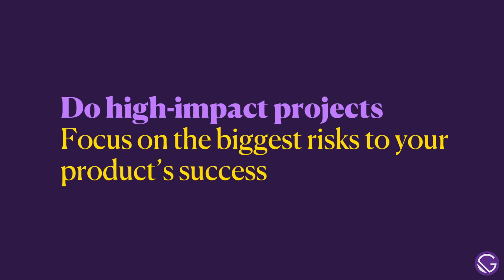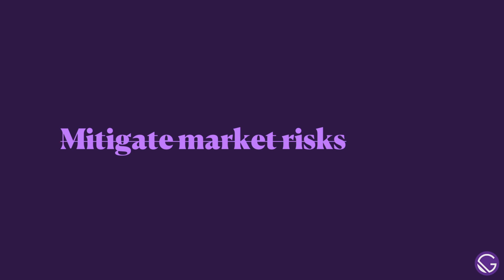Let's focus on high impact projects first. Something I've thought a lot about recently is how do you identify the biggest risks to your product success? Because usually that's how you can know that your project will have a high impact, is whether there is a risk involved in what you're looking at. I want to make sure we're not talking about market risks.